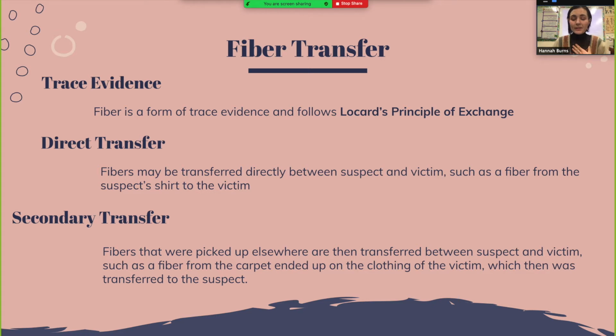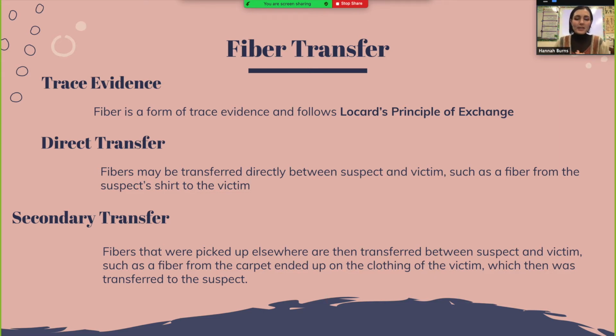Secondary transfer is where I might pick up, for example, dog hair by sitting on my couch, and then while I'm grappling with a victim, I might then transfer that dog hair to them. It's being picked up somewhere else and then transferred between the suspect and victim.